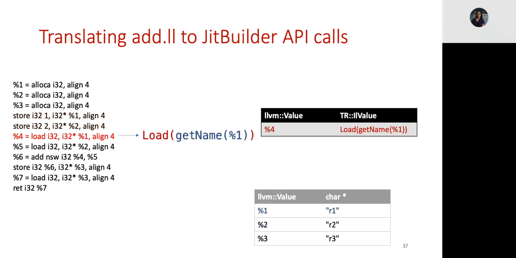And as for load, similar to what I spoke about, we get the name of the variable that is being loaded, and then we have to make a mapping of the result of this load. The result of this load in the IR is being captured by %4, and we have to map the result of this load service into this table, and have %4 mapped to load get name %1.